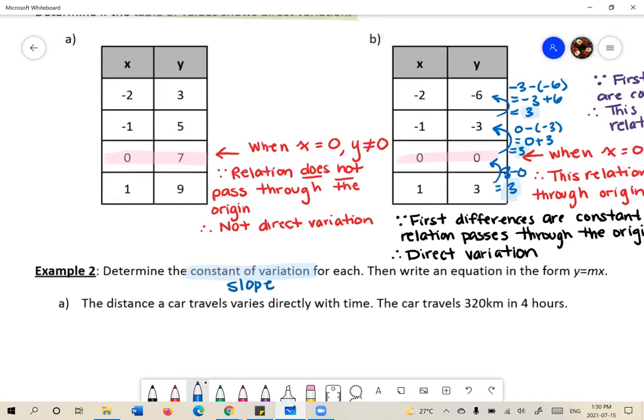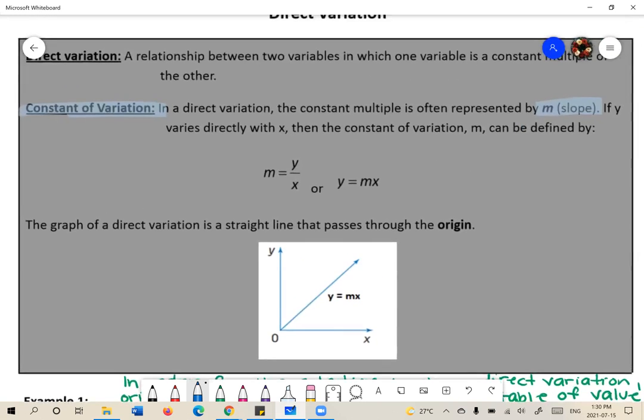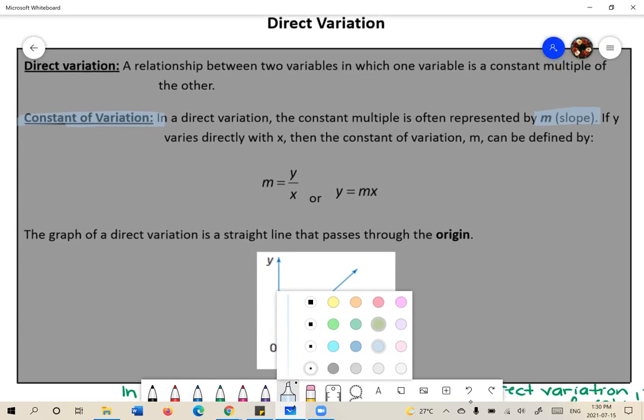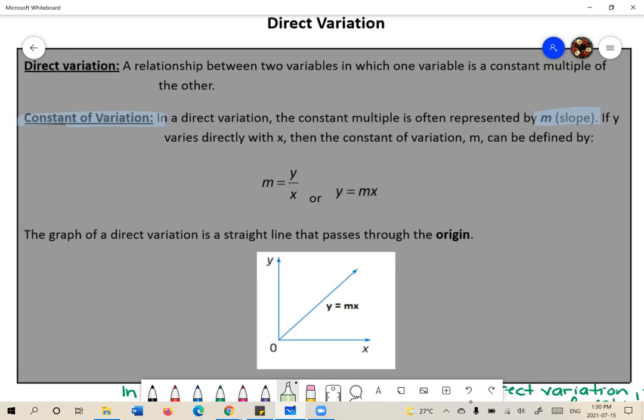Now also remember from up here that a direct variation has this equation. So a straight line that passes through the origin, when written out in equation form, would be y is equal to mx.